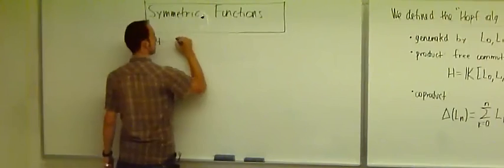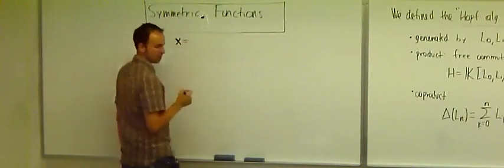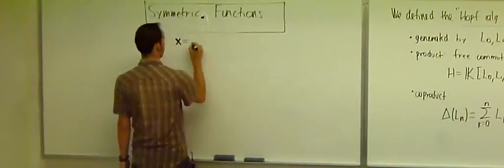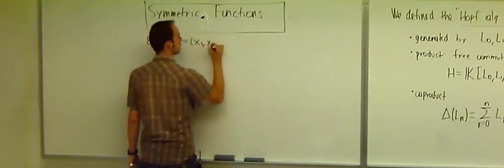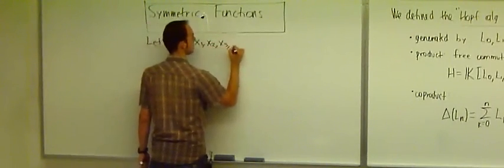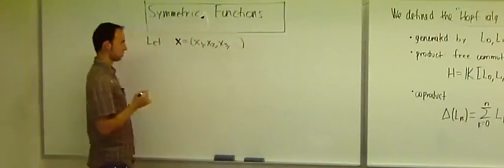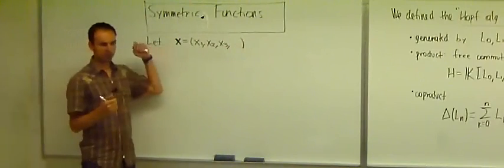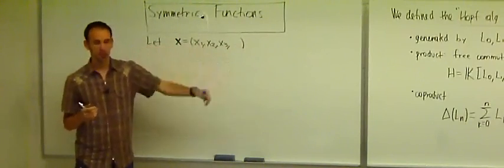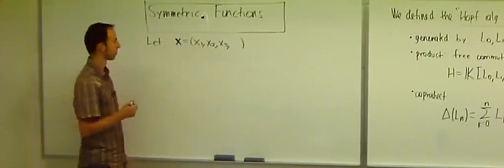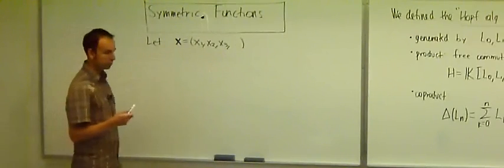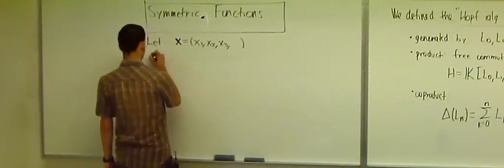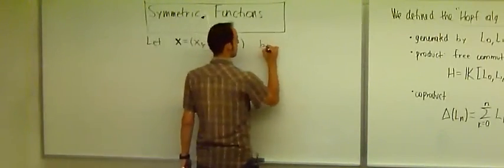Okay, let me call it bold x, and it's going to be a vector of indeterminates. And this is not terribly important, but I'm going to assume that I have infinitely many variables. Okay. So these are indeterminates.